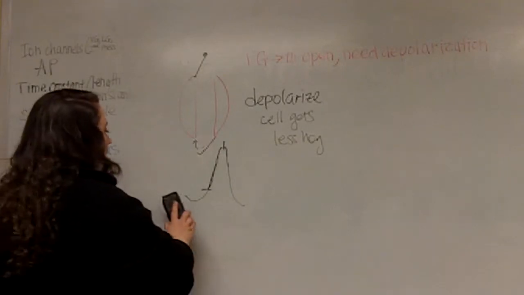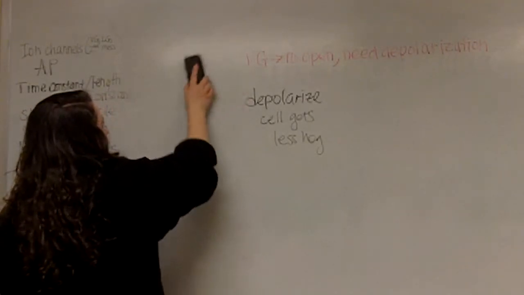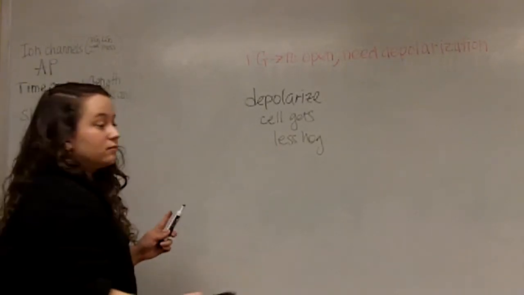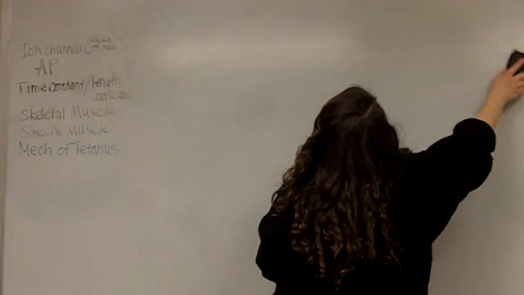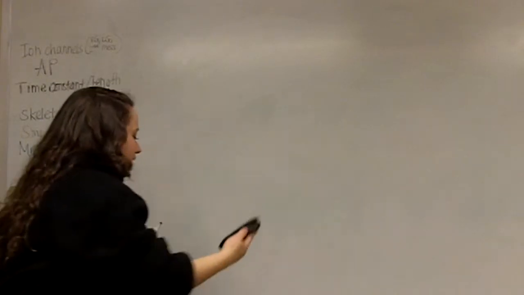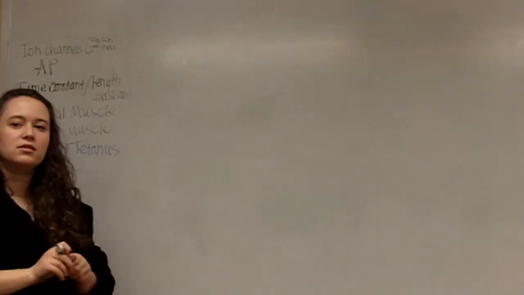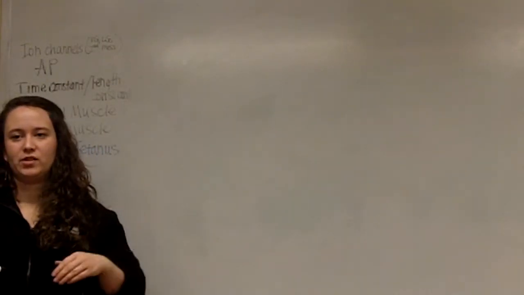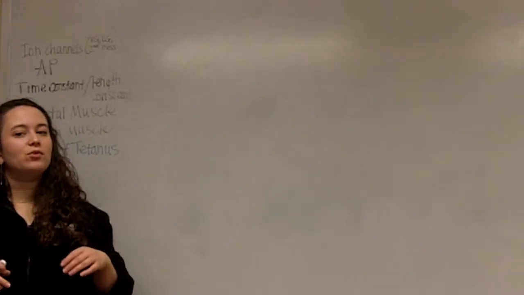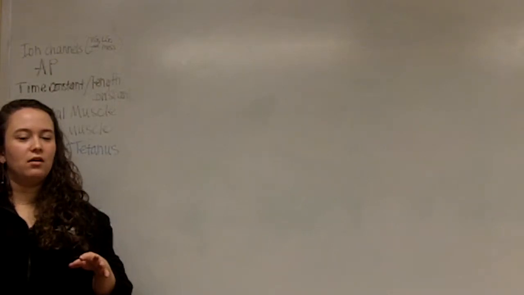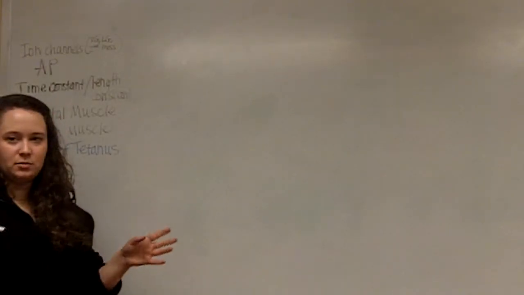Okay? So the sodium rushing in, that's what starts your action potential, is that right? Well, you have leak channels, you always have a little bit of sodium coming in, a little bit of potassium leaving, but you have to reach a certain level of depolarization.